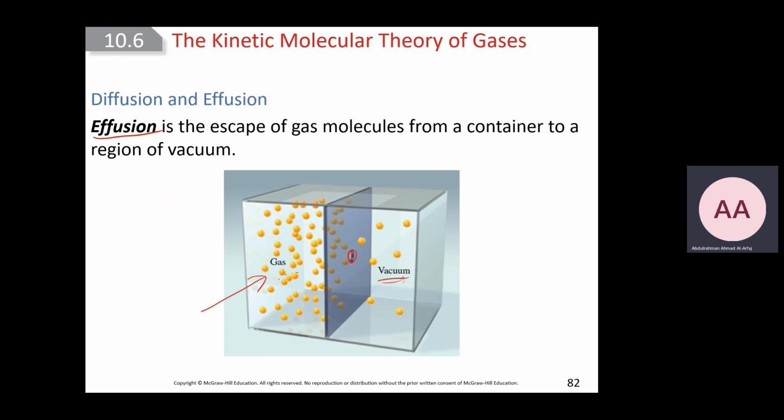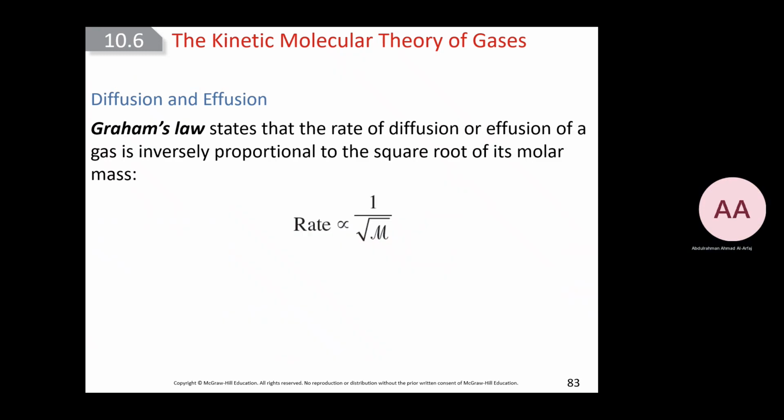We want to calculate the rate of diffusion or effusion, and this rate depends on what? On the speed. And so this is called Graham's law, and the rate of effusion or diffusion is proportional to 1 over the square root of molar mass.